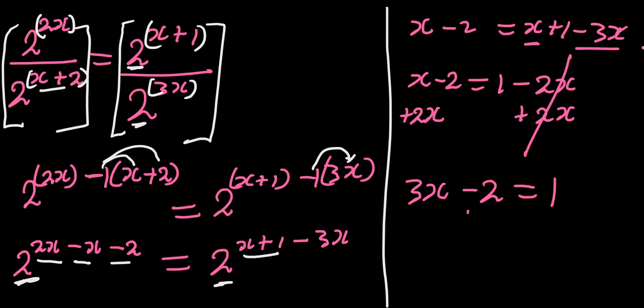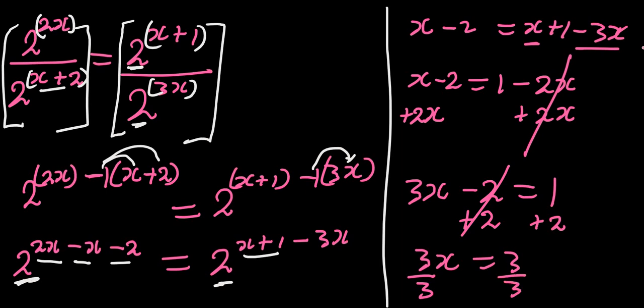So at this point we can add 2 to both sides. -2 plus 2 will cancel out, and we have just 3x on the left side, and this is equal to 1 plus 2, and that is 3. So we can divide both sides now by 3. So 3 is going to cancel 3 from here, and 3 divided by 3 is 1. Therefore, x is equal to 1. So this is the final answer. I hope this makes some sense. All right, so let's proceed to the next question.